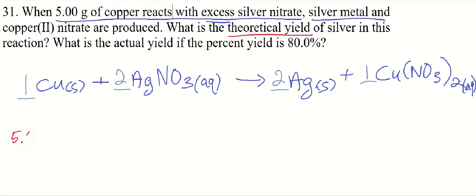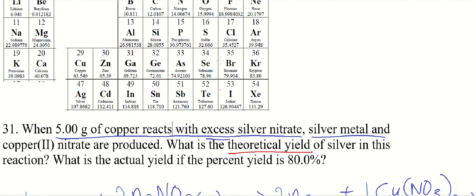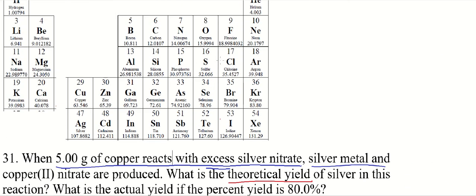All right, we're going to start with what we're given. It's 5.00 grams of copper. The first step is, if it's not in moles, we're going to convert that to moles. So we'll use our periodic table. I have it up here for you. Copper is right there. Since our answer needs 3 sig figs, we'll use 4 digits there.